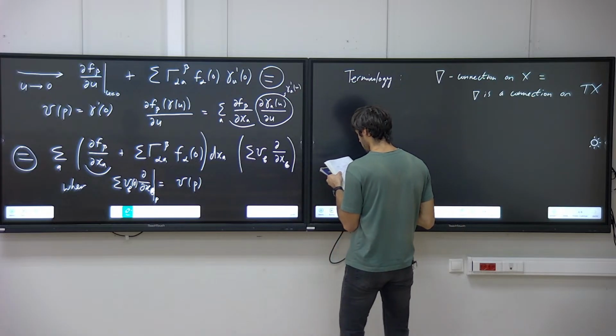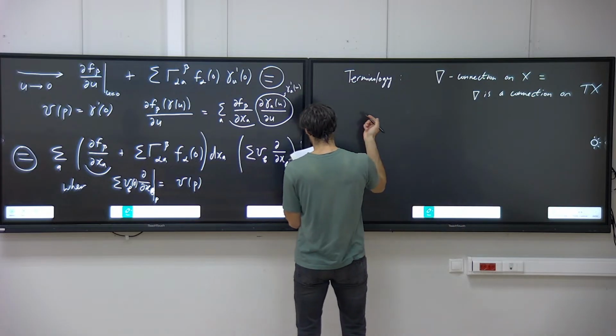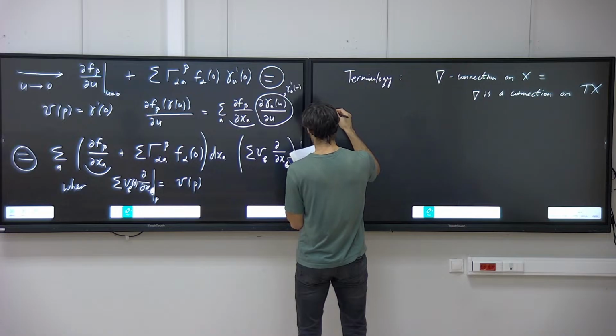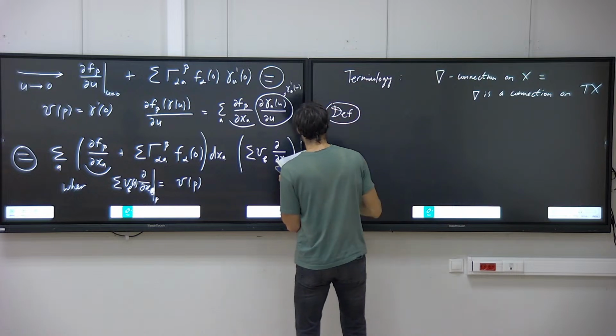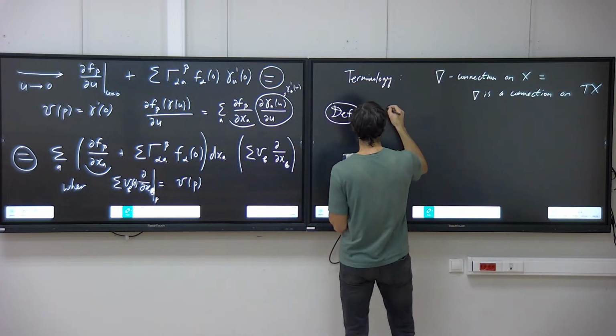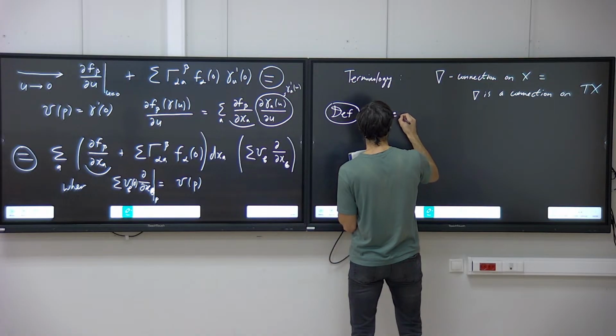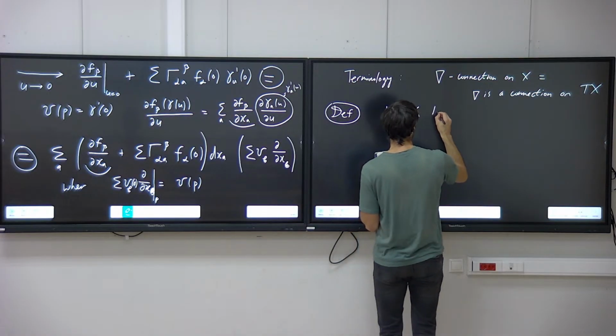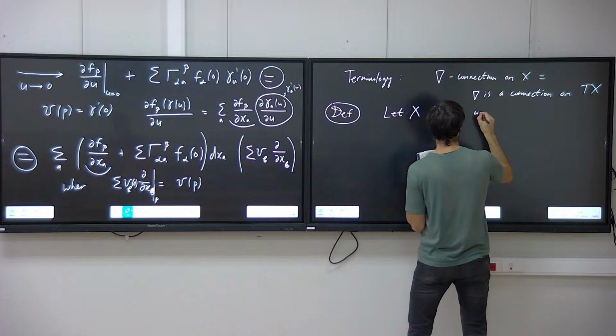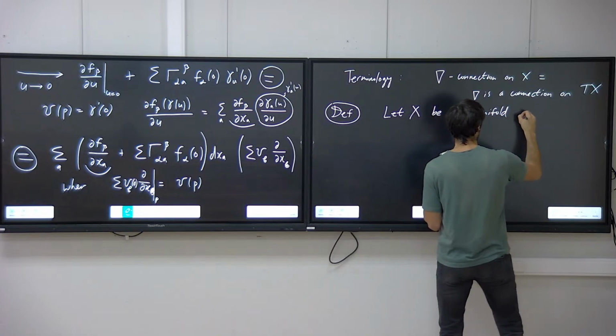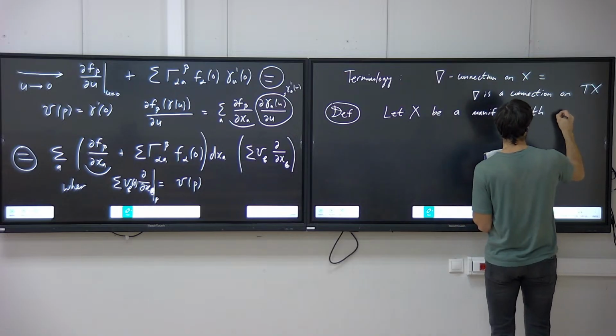So now, again, let X be a manifold. Definition: let X be a manifold with connection nabla.